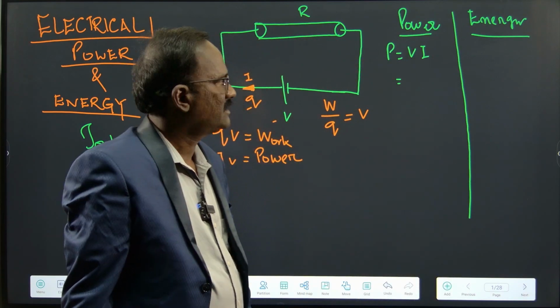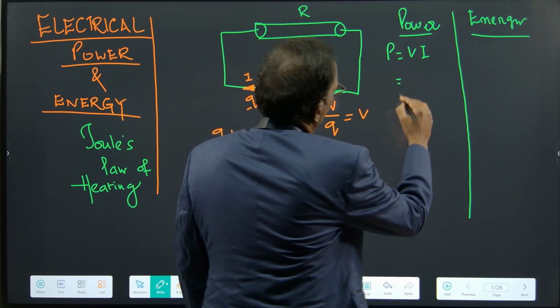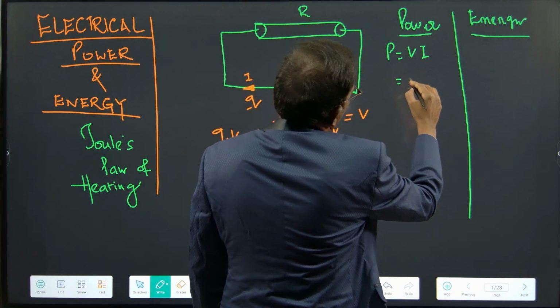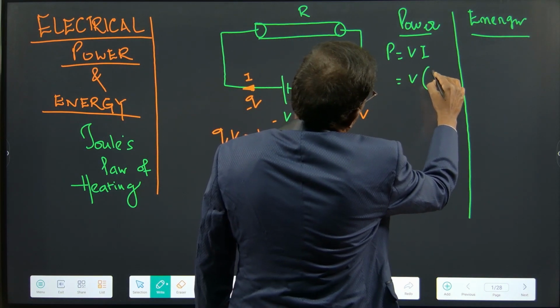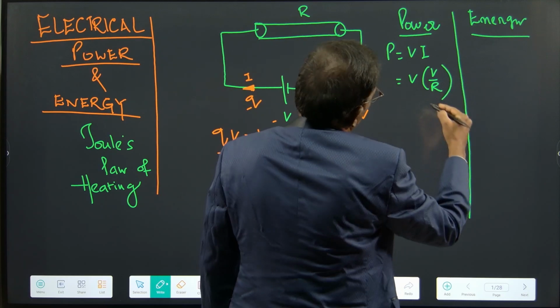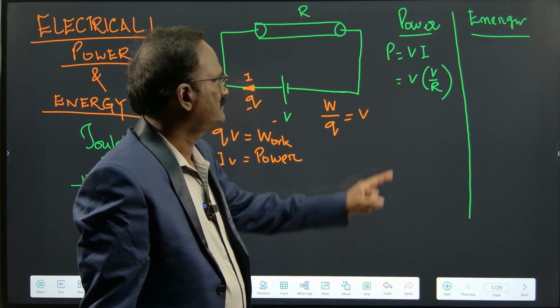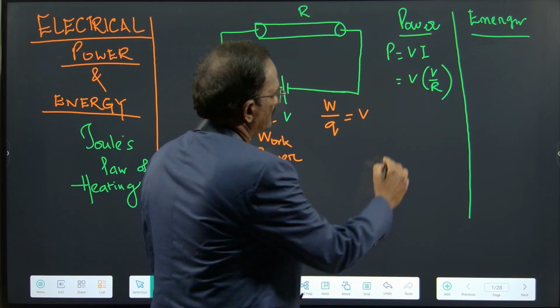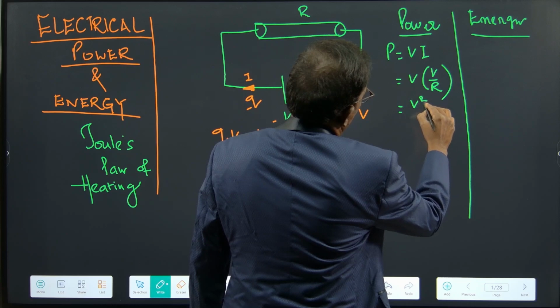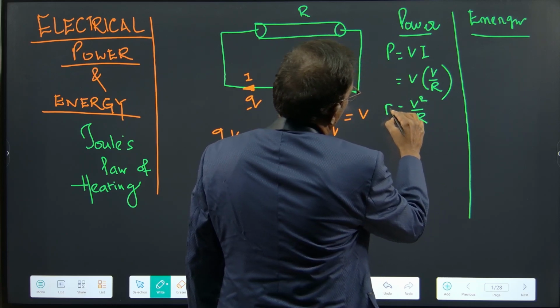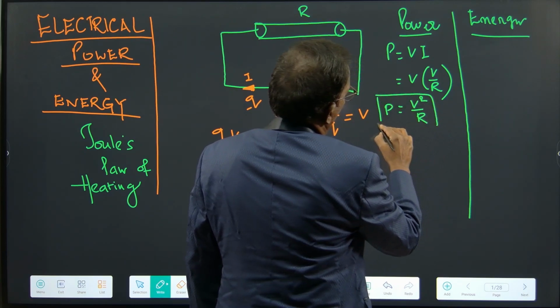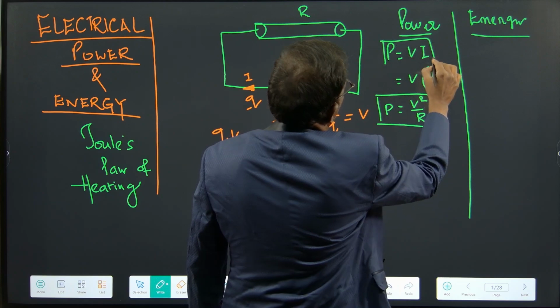From Ohm's law, I can write I is equal to V by R. This is giving me V square by R. This is another formula for power.